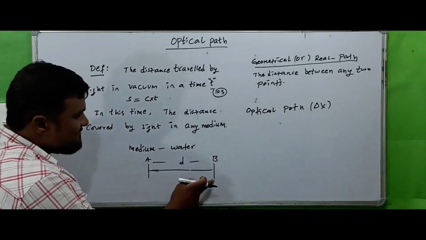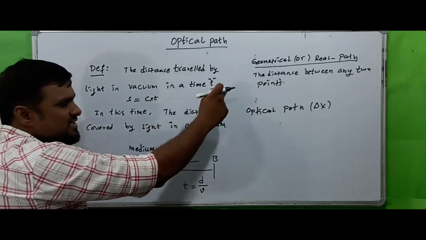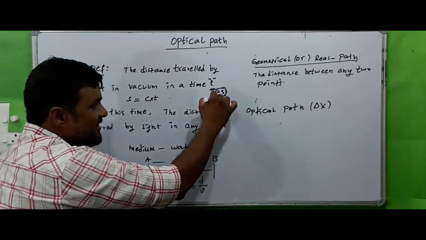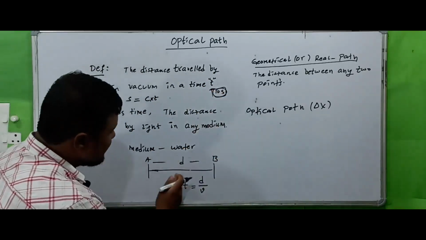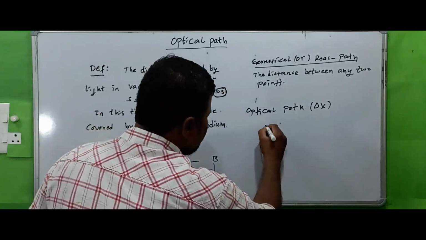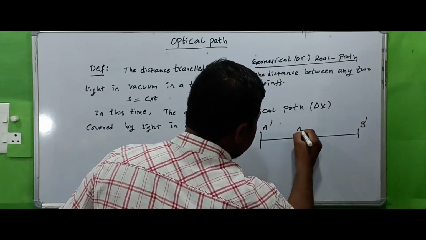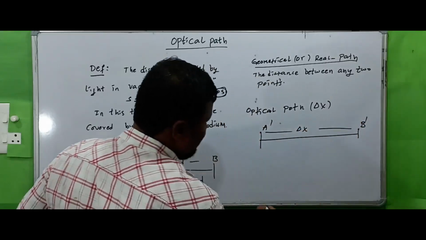Now the light is traveling in the same time t as in vacuum, that is a duration of 10 seconds for our understanding. Now the light is traveling in the water medium, so A dash B dash is delta x, the optical path.